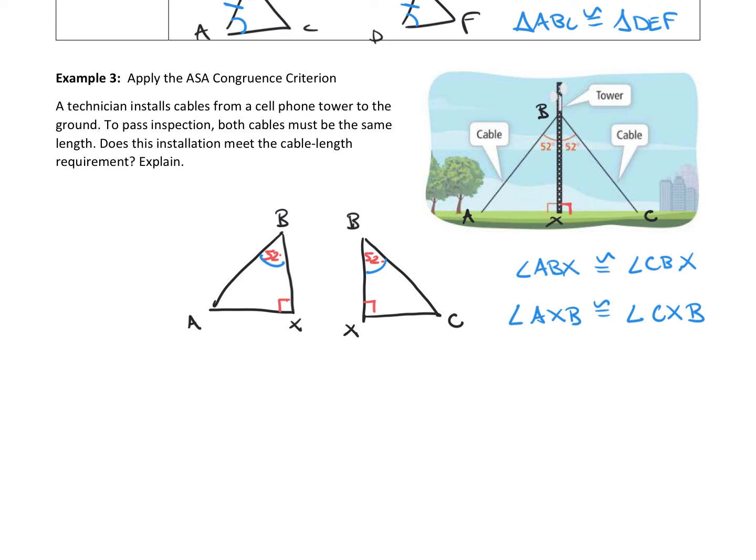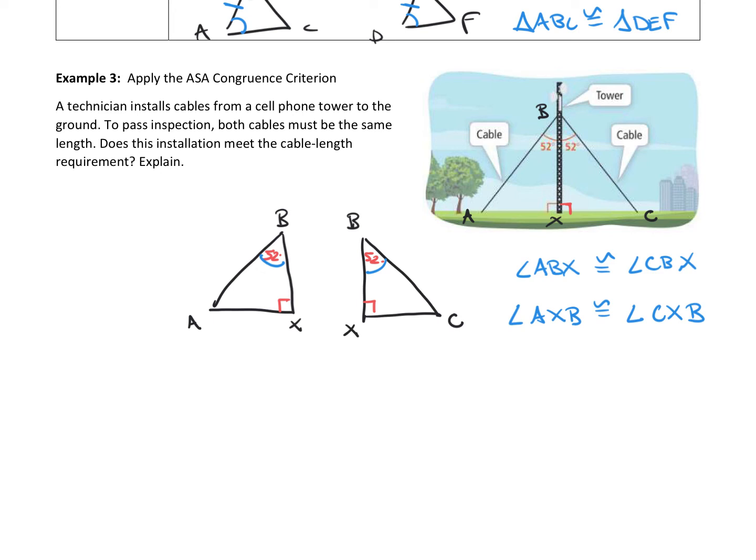That's this angle right here. Remember that the middle letter tells us the vertex of the angle we're talking about. So far we have two congruent angles. Can we get any other congruencies out of this picture to show that the two triangles are congruent?